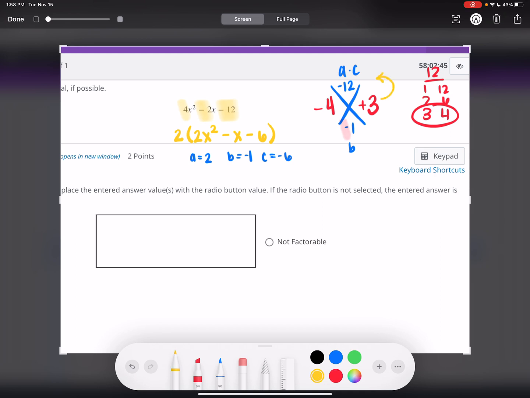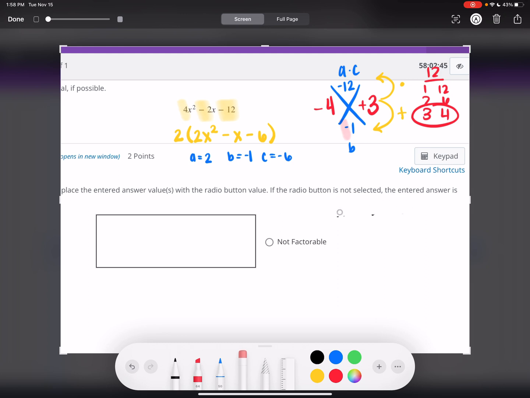Negative 4 times 3 is negative 12. Negative 4 plus 3 is negative 1. So I can't do the shortcut because a is not 1, but I can finish this out with the, oops, wrong one, with the long one.